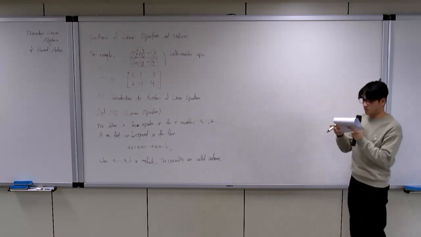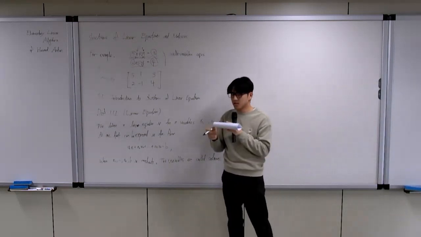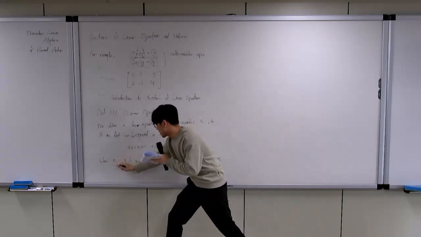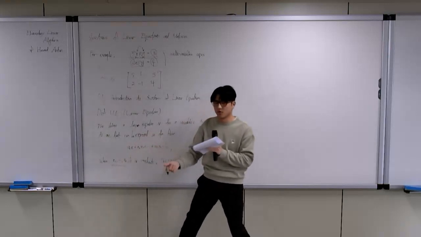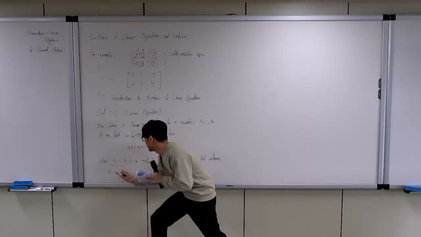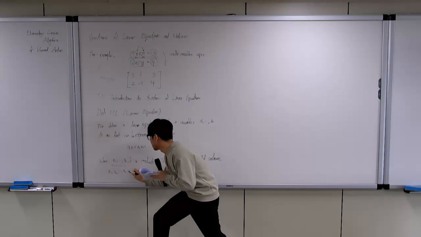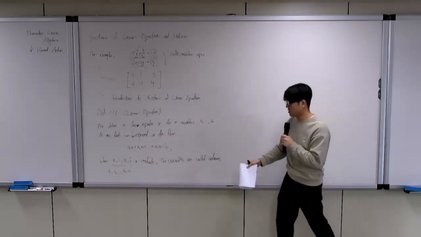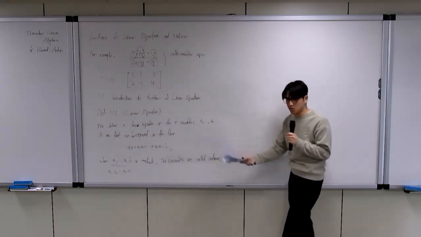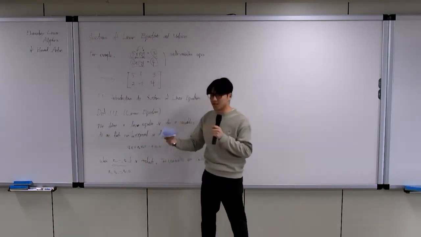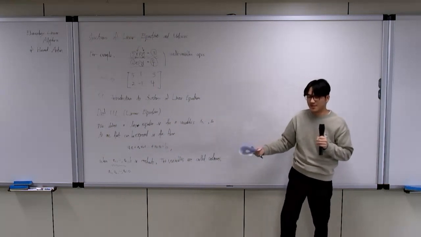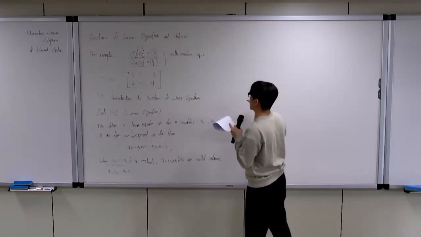In this sense, it is important that a1 to an are not all zeros. Because if they are all zero, then b should be zero to get a solution, and in this case we get just the equation 0 equals 0, and it is not interesting, it does not have any meaning.